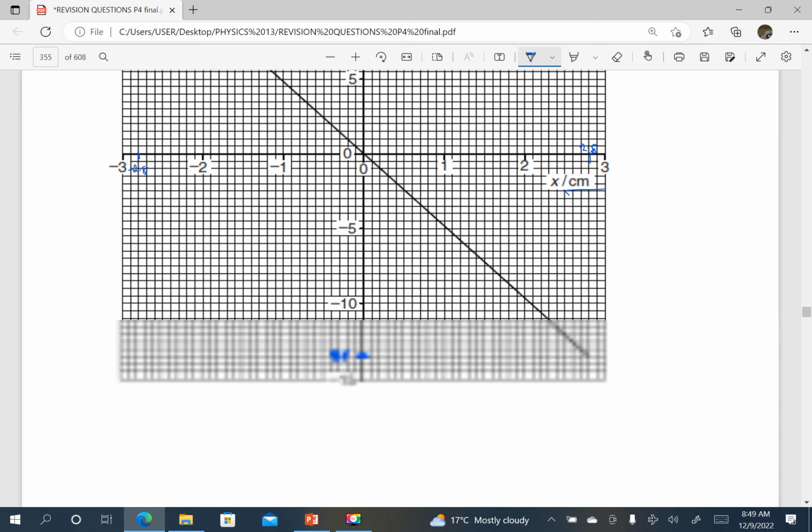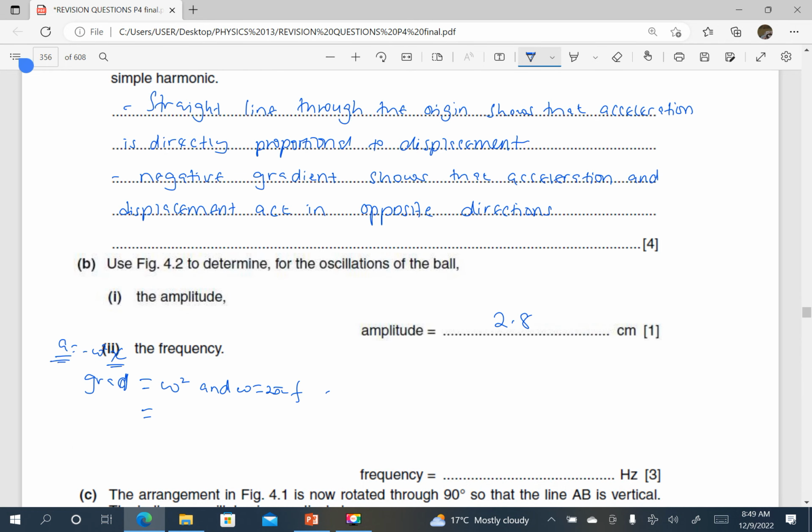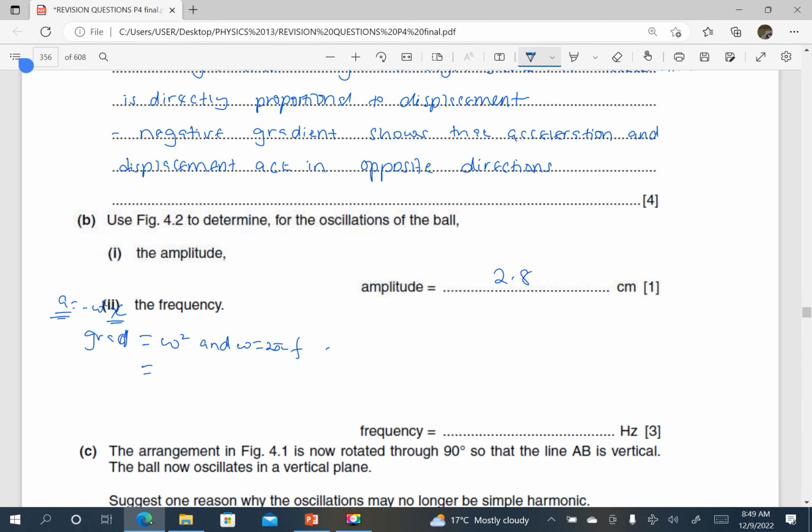The acceleration is in SI units, so the gradient is 13.5 minus 0 divided by 2.8 minus 0, but times 10 to the power negative 2.